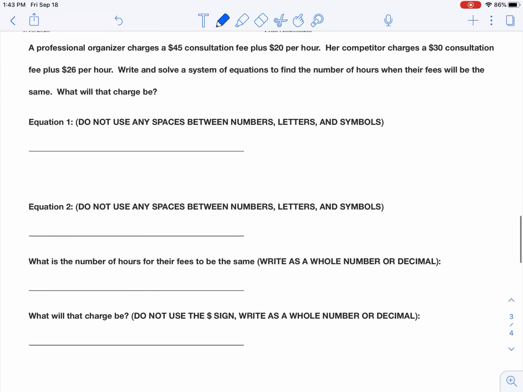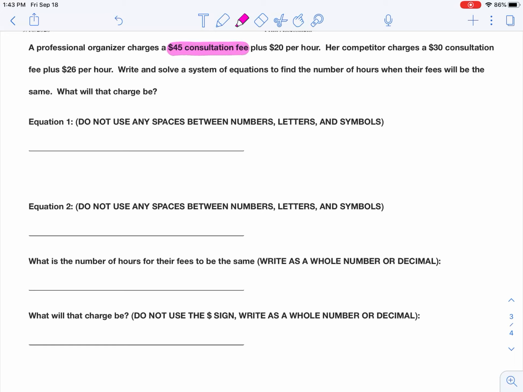This was probably the most challenging problem because it takes writing the equation, solving a system of equations, and then knowing what you have solved for. So again, what I'm going to do is just try to model for you.